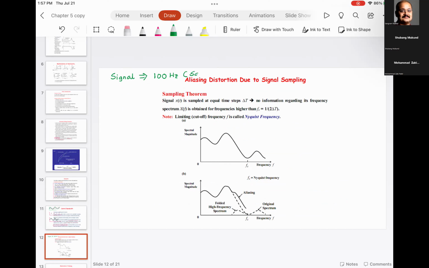I'm going to call this the sampling frequency. And then I do something called the Fourier transform. So I do Fourier analysis.